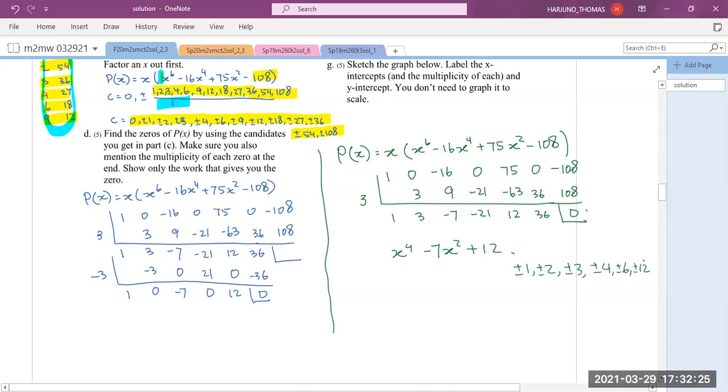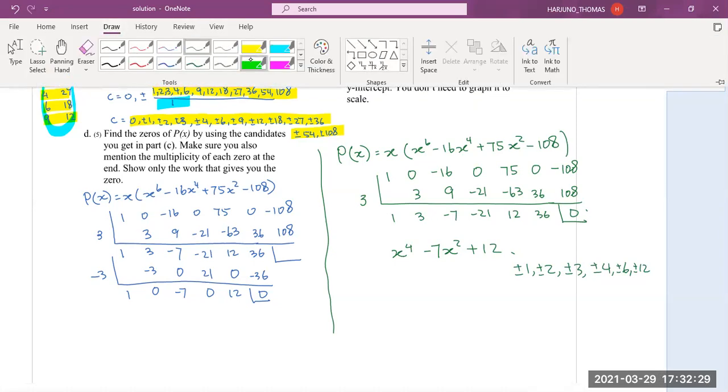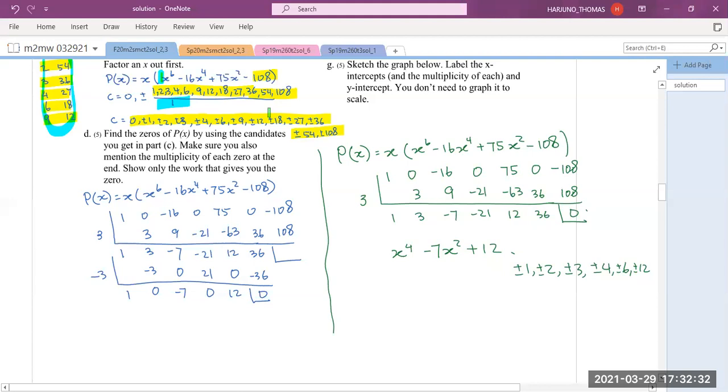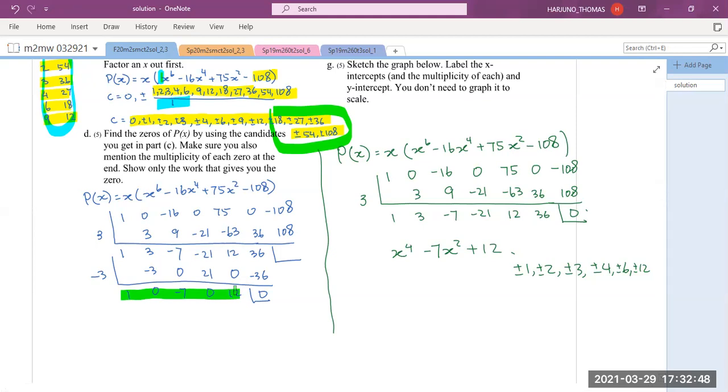Knowing that 3 and negative 3 are zeros, all of a sudden you reduce the polynomial such that some guys in your list suddenly disappear. Why? Because if you look at the rational zero theorem for this updated polynomial, you now have a new list of rational zeros.